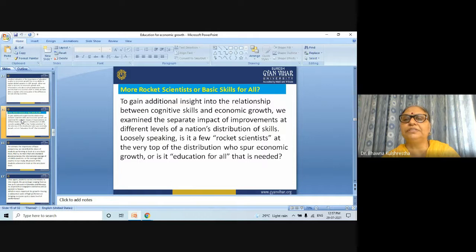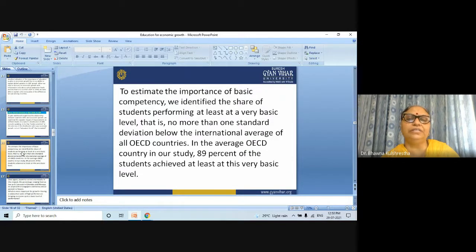To estimate the importance of basic competency, we identified the share of students performing at least at a very basic level, that is, no more than one standard deviation below the international average of all OECD countries.